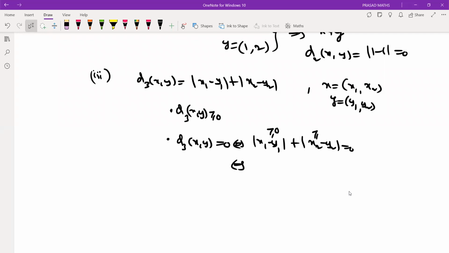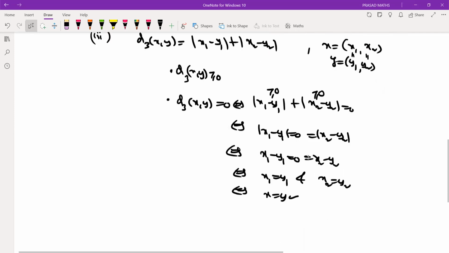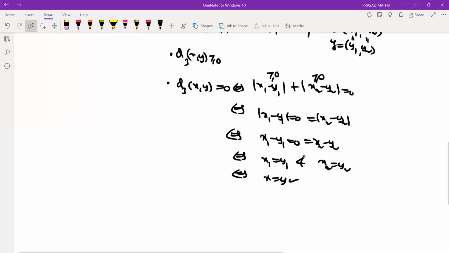A sum of two non-negative numbers equals 0 if and only if each number is 0. So each modulus term is 0, that is exactly x1 equal to y1 and x2 equal to y2, which means x equals y. So it satisfies the second property.